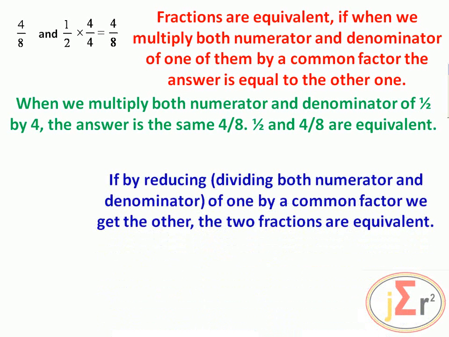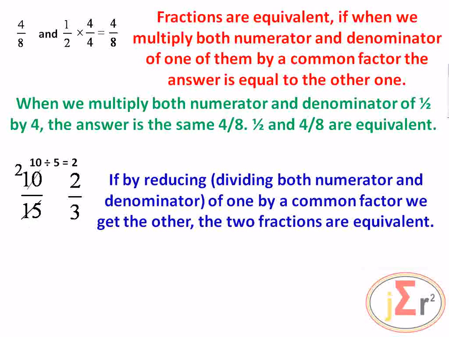If by reducing, dividing both numerator and denominator of one by a common factor, we get the other, the two fractions are equivalent. Right, so let us take a look at that. If we divide both numerator and denominator by a common factor and we get 2 over 3, then 10 over 15 and 2 over 3 are actually equivalent. So what number do we use? 5. 10 divided by 5 is equal to 2.